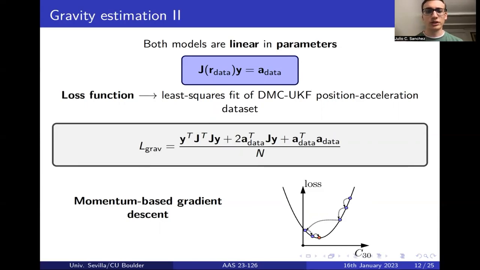By doing that, you get this objective function below, and that could be solved analytically by the pseudo inverse of the Jacobian, but that has some ill conditioning in terms of numerical stability. So instead, what we are going to do is a momentum-based gradient descent algorithm to obtain the optimal gravity coefficients for both the Mascon and spherical harmonics models.